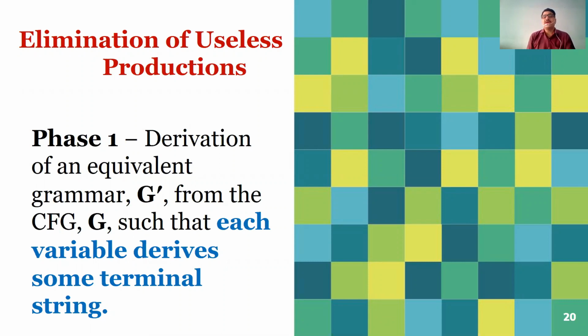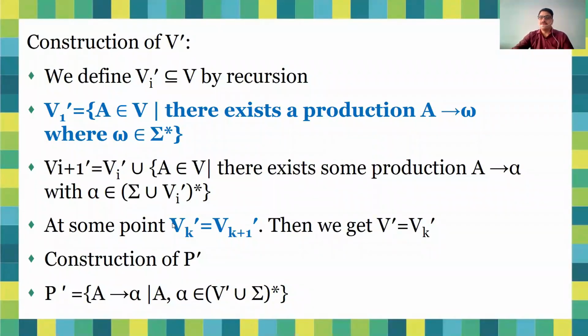It means we have to start with the terminal string, that is, create the set of all the variables that are producing terminals. In this theorem, we will start our process through the variables that produce terminals. So this is the simple theorem by which we can reduce the grammar.